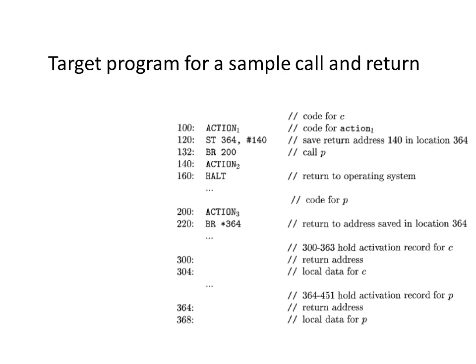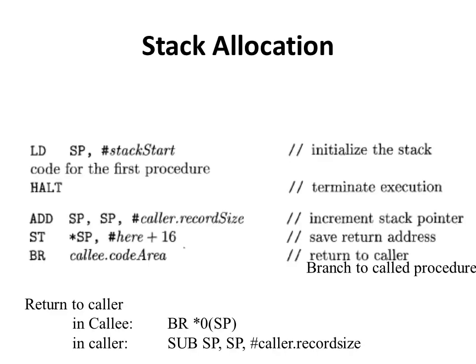The addresses 300 to 363 hold the activation record for the procedure C. So 300 is the return address, and from 304 the local data for C are stored. The addresses 364 to 451 hold the activation record for the procedure P, where 364 is the return address and 368 is the local data for procedure P.